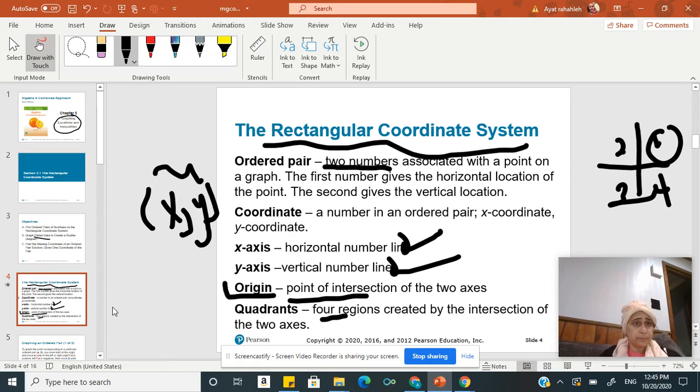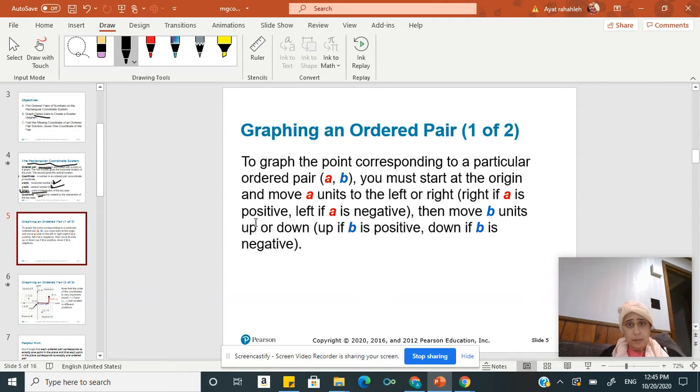So graphing in order. If I give you a point, usually it starts from A to B, and when you're moving, this is like the correspondence. You really have to know that you start from the origin, and A tells you to move left or right, and then B, you move up and down.